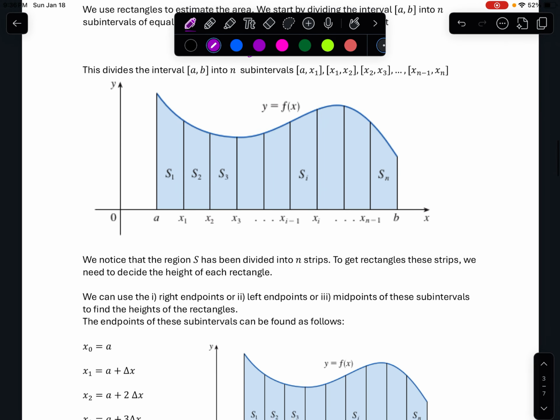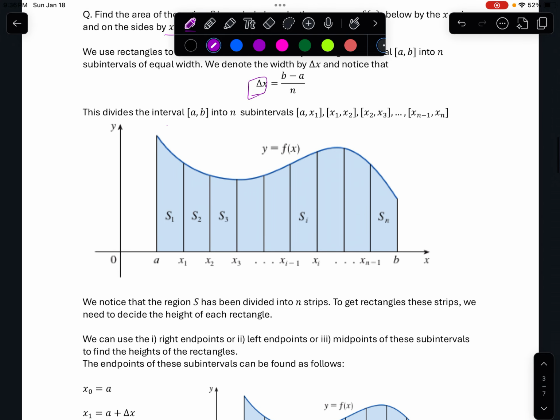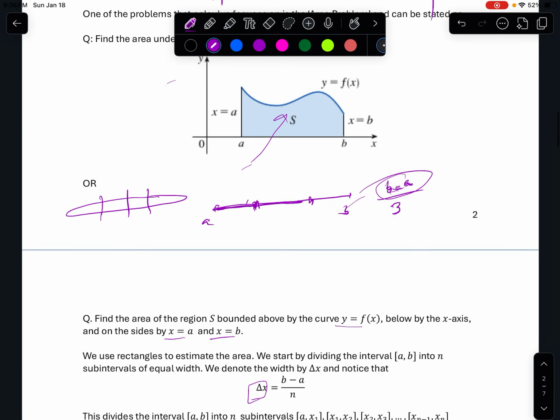Here, this is x1, x2, x3. These are like your cuts in the bread, but here we call them tick marks. We put them all at equal spaces. How many tick marks would there be? n minus 1, because remember, with the bread, these are your tick marks.